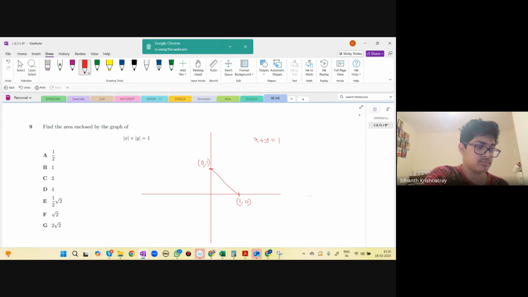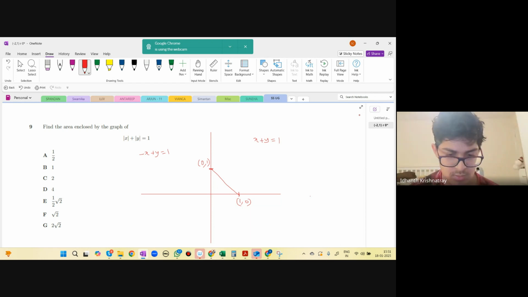And what's important, x negative, y positive. So you take minus x plus y equal to 1. Then you put x equal to 0, y is 1, and y is 0, x is minus 1.